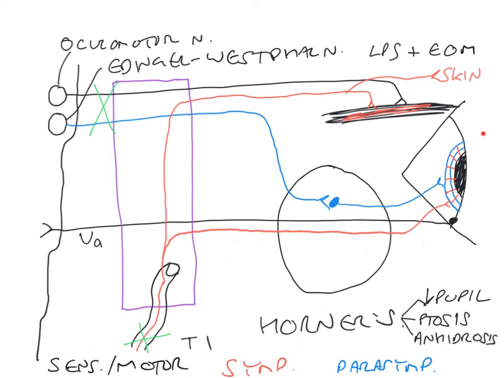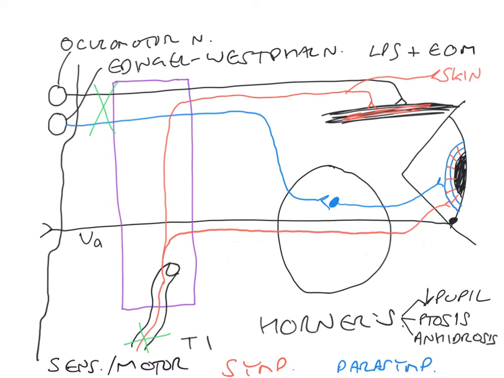The upper lid is going to droop because there is not going to be adequate tone in levator palpebrae superioris. So a complete oculomotor nerve lesion has a big pupil and a droopy eyelid due to loss of innervation to levator palpebrae superioris.